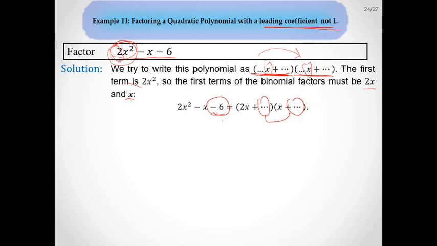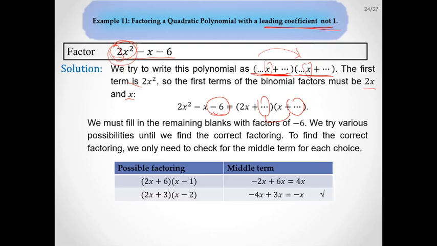We have several options here: -2 times plus 3, -3 times plus 2, or plus 3 times -2, plus 2 times -3, and plus 6 times -1, and so on. So we will have lots of possibilities, and for each possibility we have to test it. In testing it, we just check the middle term. So this is how we do it.